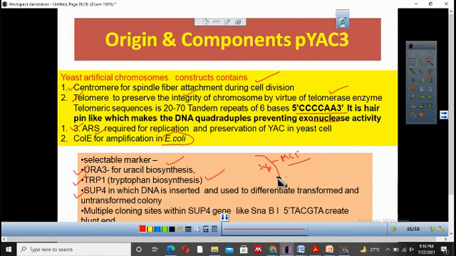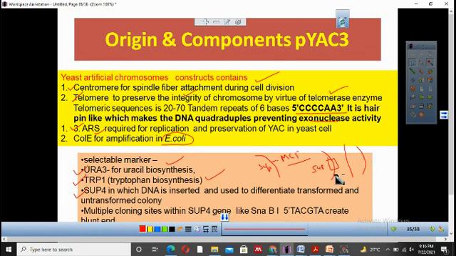When a DNA is inserted, suppose this is the SUP4 region, and this is the DNA inserted in the SUP4 region. SUP4 here is no insert.